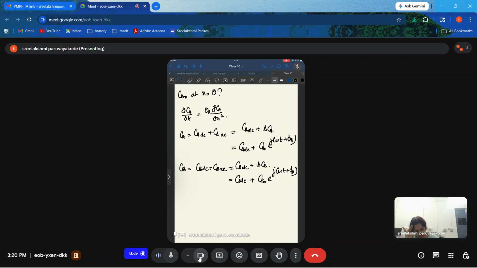Now the same thing I'm going to substitute in Fick's law equation. So how do you do that? Dou CA by dou t equal to dA dou square CA by dou x square. So what will I get if I substitute this above equation, this one and this one, in Fick's law equation? That's what we're going to see now.